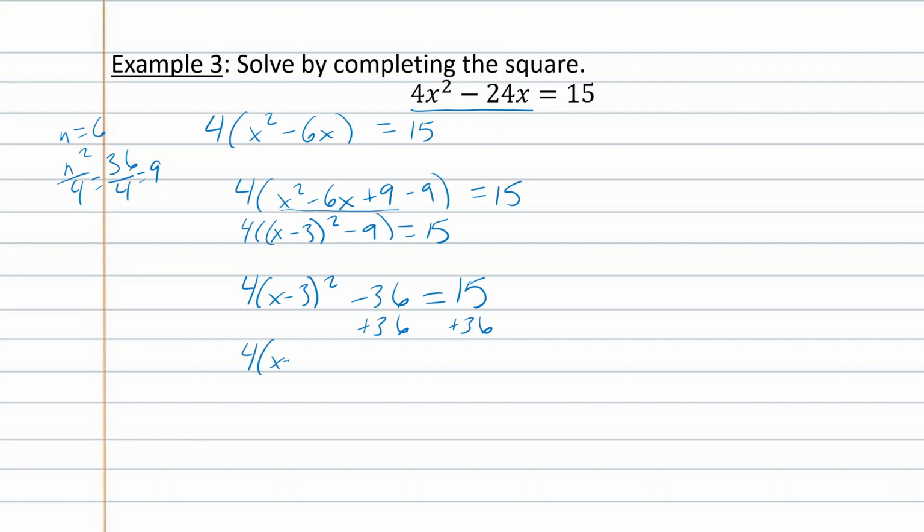So I get 4 times x minus 3 squared equals, let's see, 15 plus 36. 15 plus 36 gives me 51. Okay. Then I'm going to divide by 4. That's x minus 3 squared equals 51 over 4.